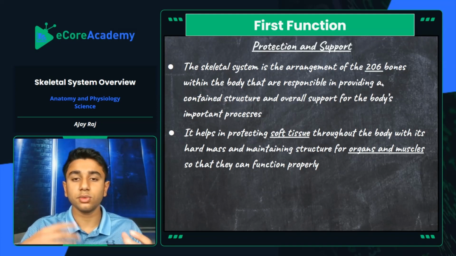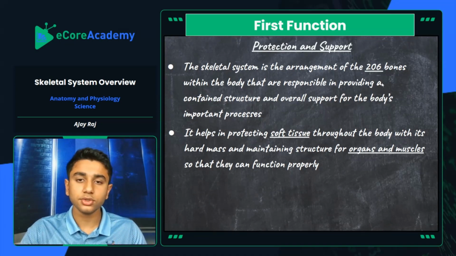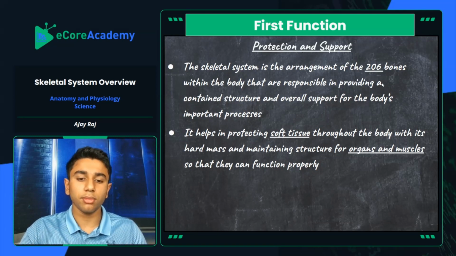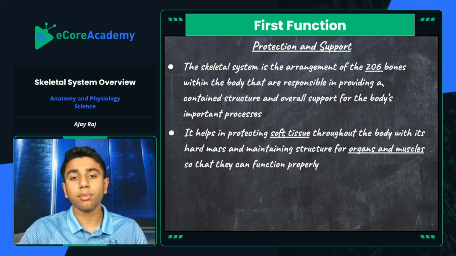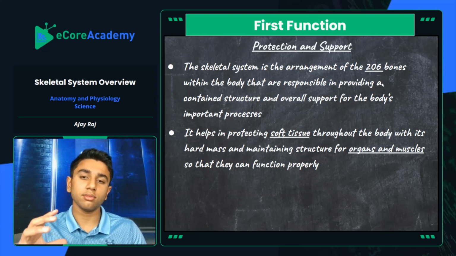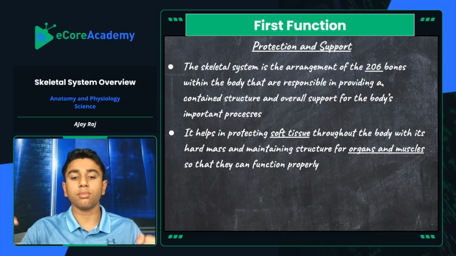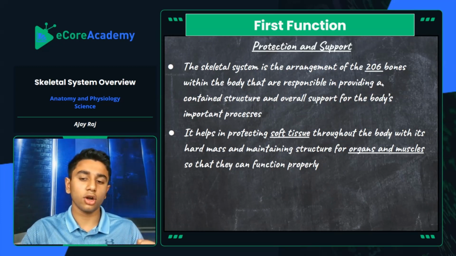These are different types of tissue within the body that help in producing cells and maintaining the body's homeostasis. Bones are located throughout the body, and with their hard mass, they maintain structure for organs and muscles to work properly. Without that structure, your organs and muscles would be mixed all together, they wouldn't have proper connectivity, and they wouldn't be protected because they don't have a hard mass to protect them and give them structure.